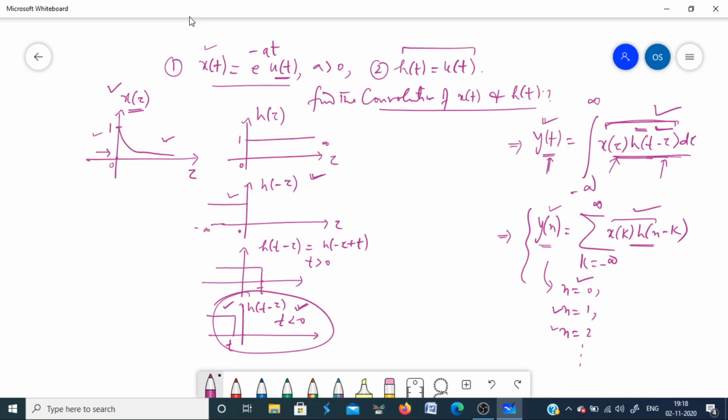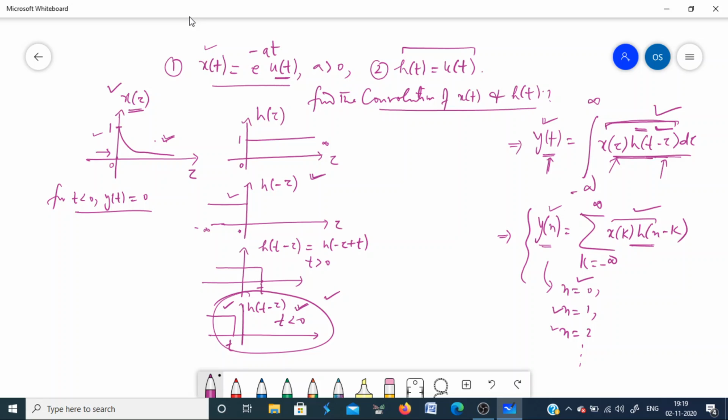So as a result, if you multiply these two signals, you are going to get 0 output. Okay, it means for t less than 0, your output y of t will be 0, because when you multiply these two functions, there is no overlapping region. So as a result, your product is 0, so integration is also 0.